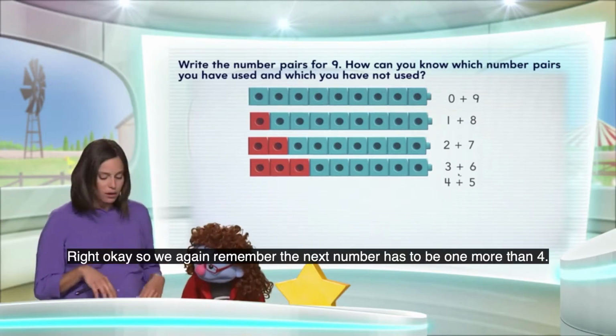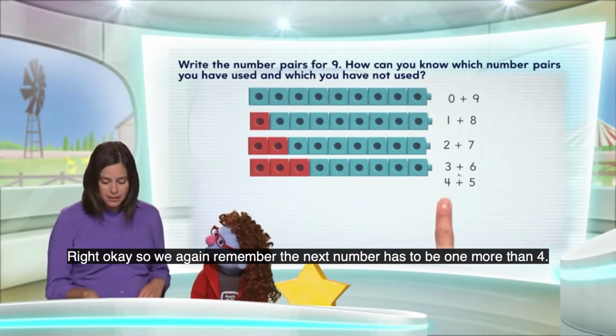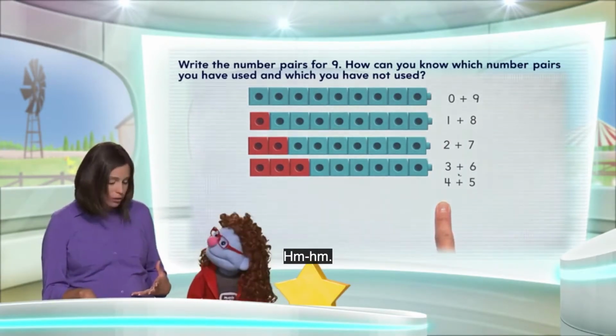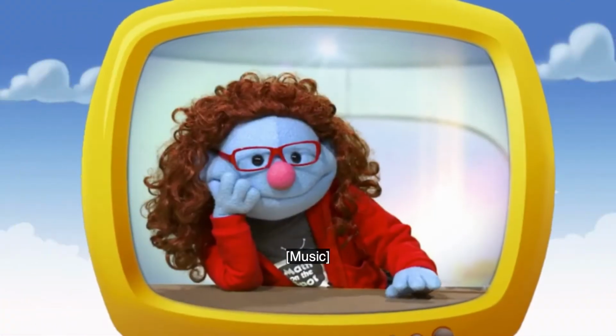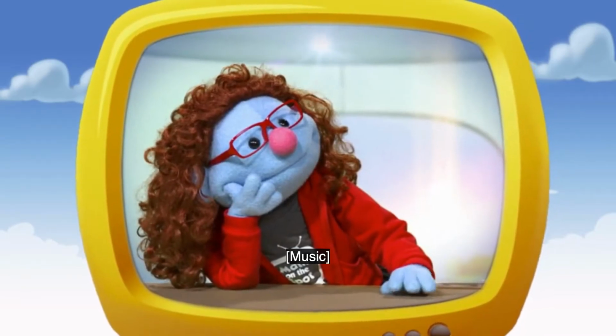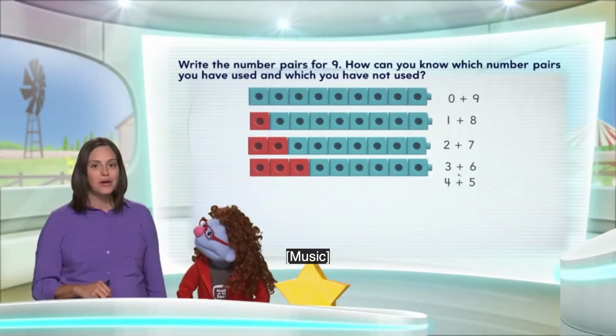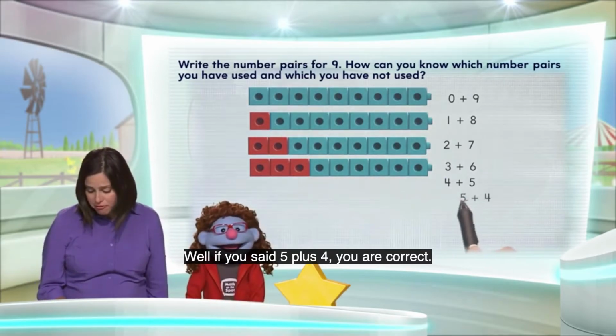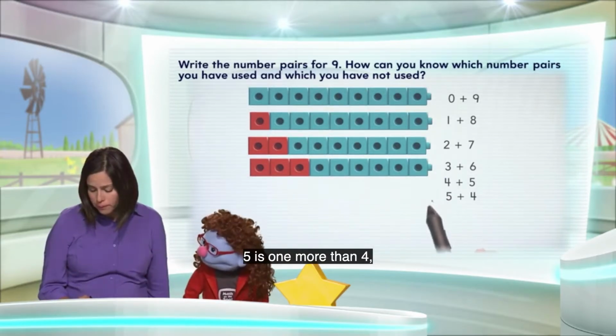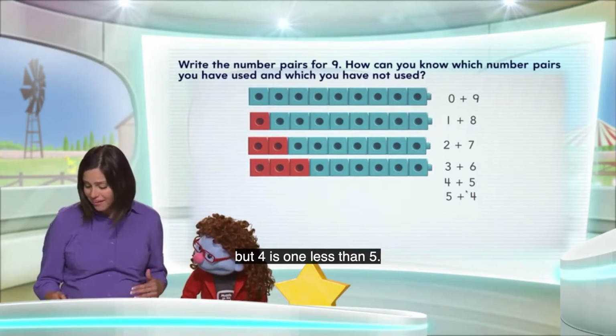Again, remember, the next number has to be one more than 4. What do you think? Well, if you said 5 plus 4, you are correct. 5 is one more than 4, but 4 is one less than 5.